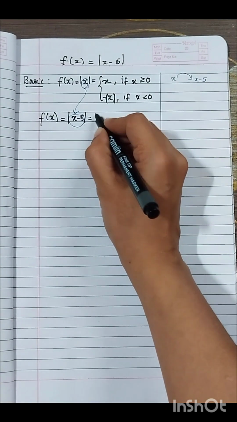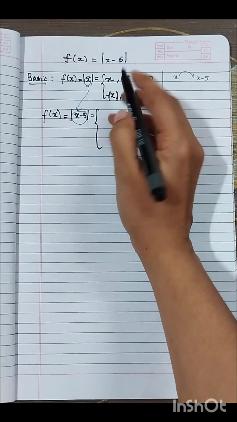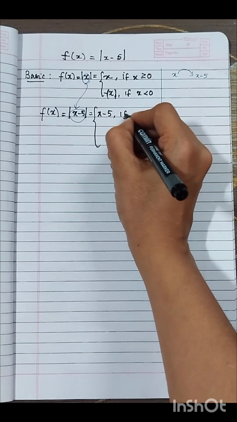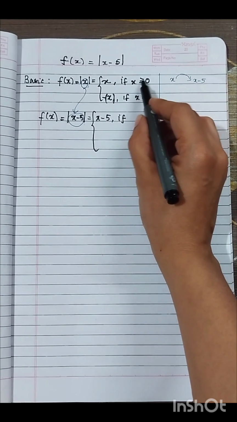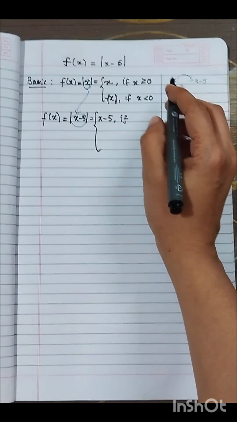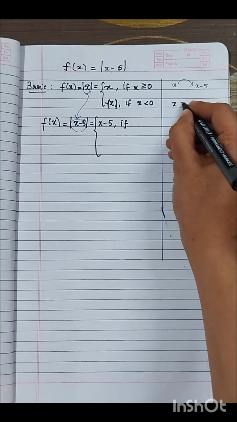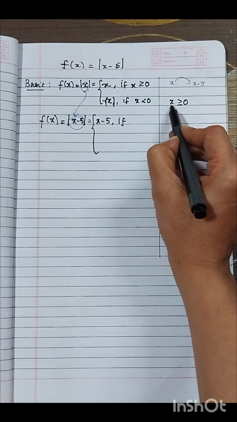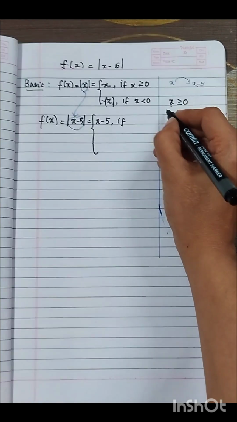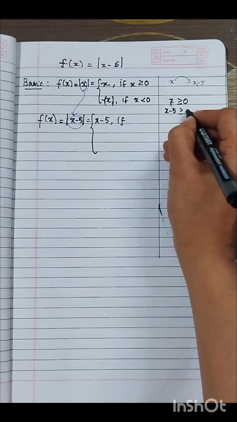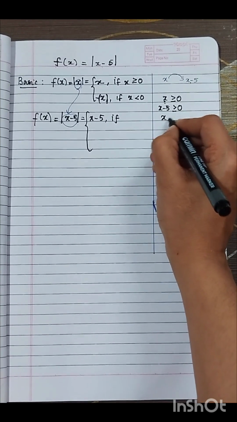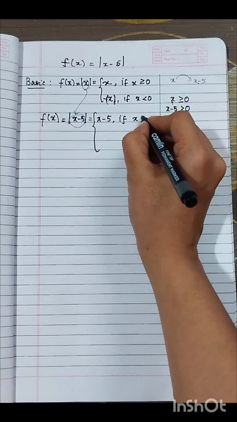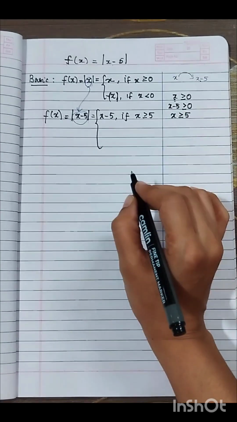So this will be equal to x minus 5 if, here we have to make a change, x greater than or equal to 0. In the place of x we write x minus 5 greater than or equal to 0. On simplification you will get x is greater than or equal to 5. So here you write if x is greater than or equal to 5.